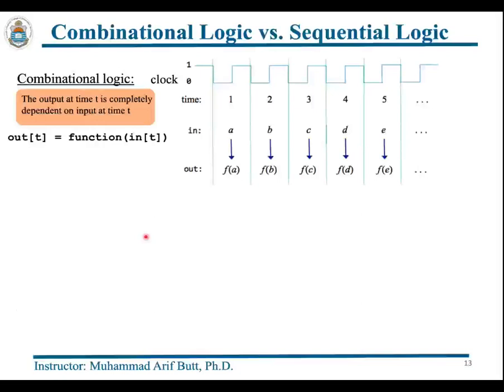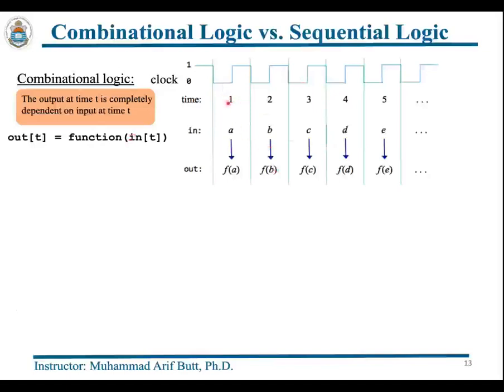Well, this slide shows you how the combinational logic circuit works. The output at any time t is completely dependent on the input at that time t. And this signal diagram also describes this.